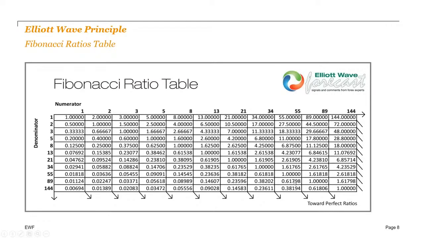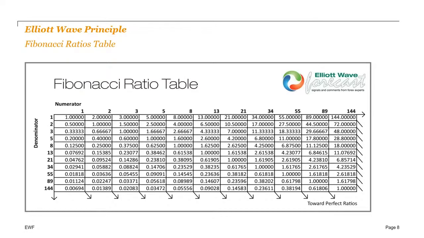So how do you derive 0.618? It is usually derived in a specific way. I believe you divide a Fibonacci number by the next Fibonacci number, the one to the right side. I think that's how you get that 0.618.